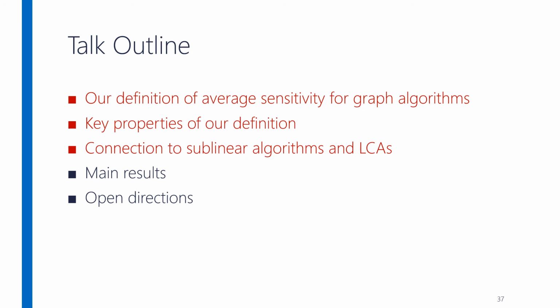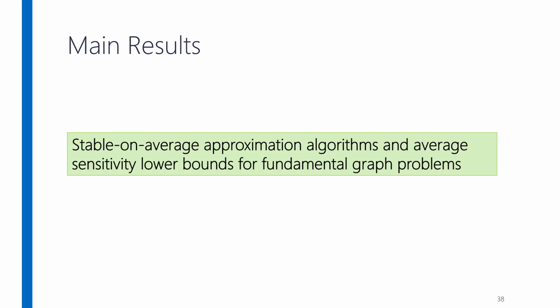Next, I will describe our main results with a focus on our results connected to LCAs. In a nutshell, we design stable approximation algorithms for several important graph problems and also show sensitivity lower bounds.